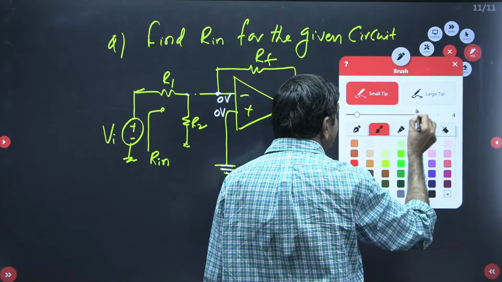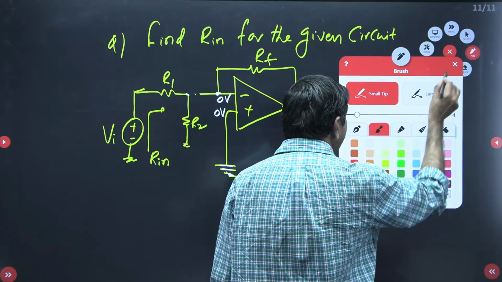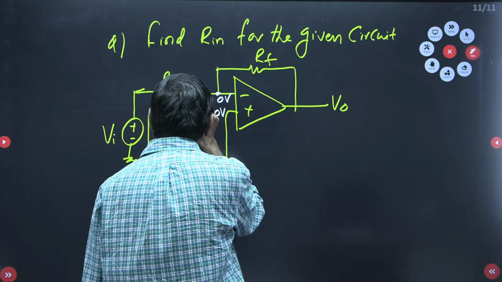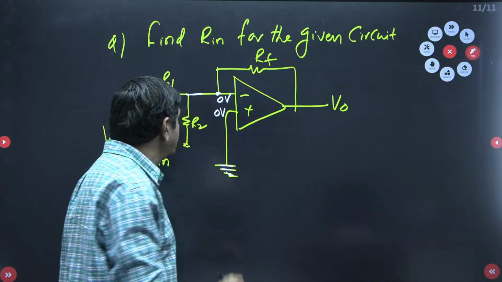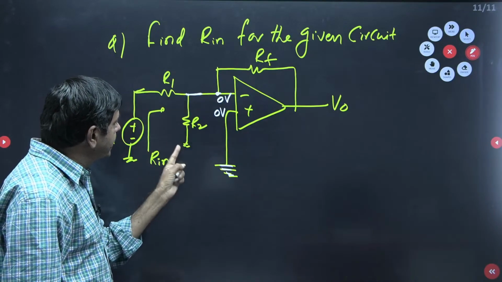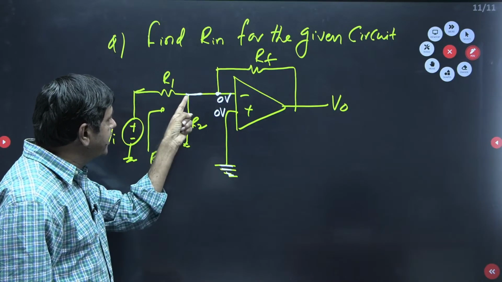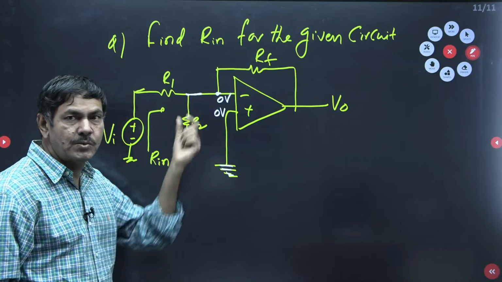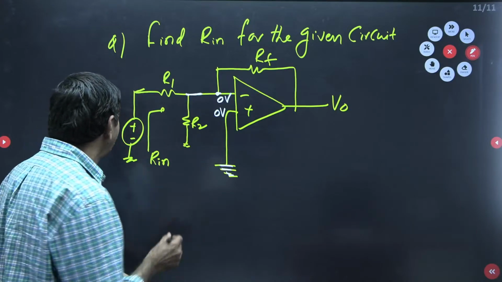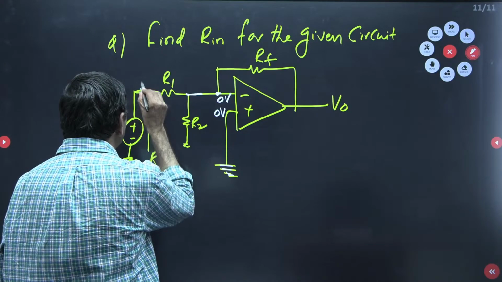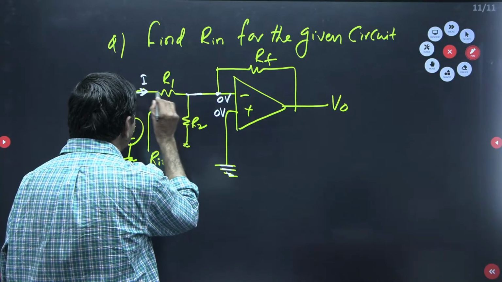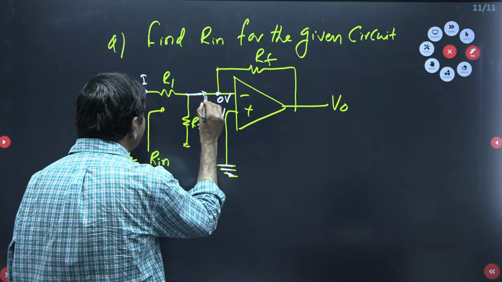Now please tell me, is it going to flow any current across R2 here? Is it going to pass any current through R2? Yes, it doesn't flow any current across R2. This is 0 voltage, this is also 0 voltage, the difference of voltage is 0, so it doesn't flow any current across R2. The current across R1 is I, the same current I will flow this side.